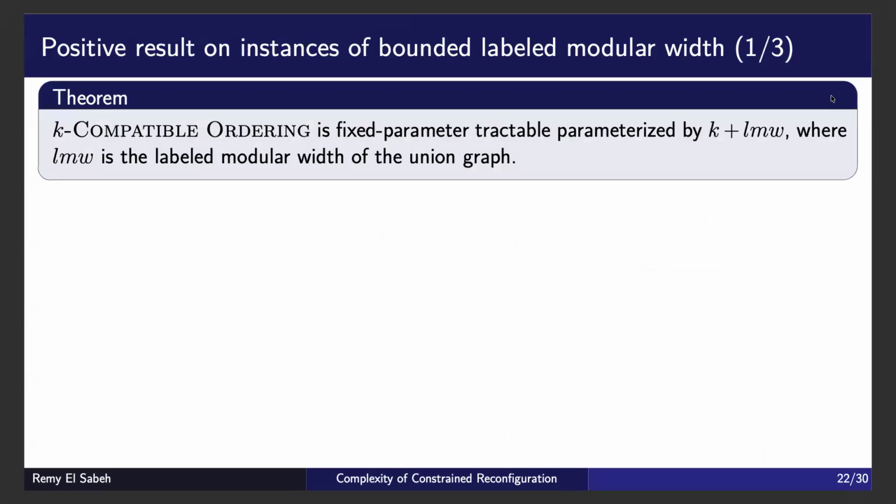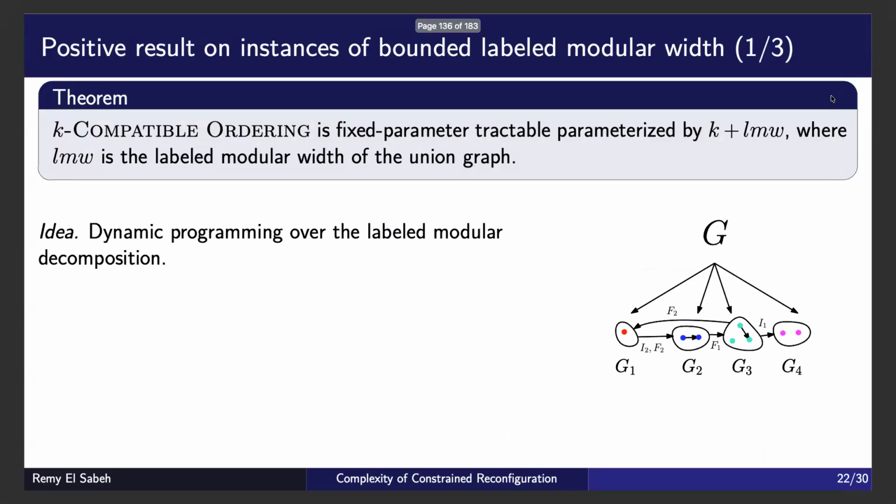Okay, so as it turns out, we have an FPT algorithm when we parameterize by K plus LMW, where LMW is the labeled modular width of the union graph. So the idea of this algorithm is, as is typically the case, we want to be doing some DP on the modular decomposition tree.